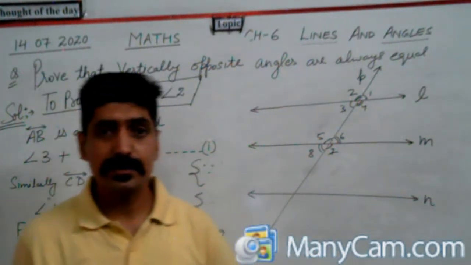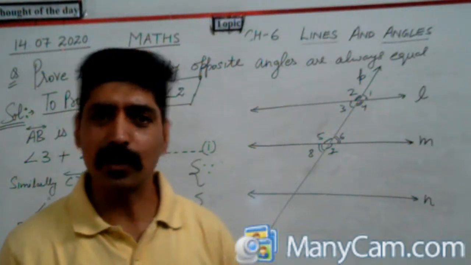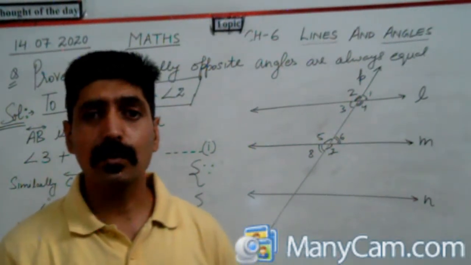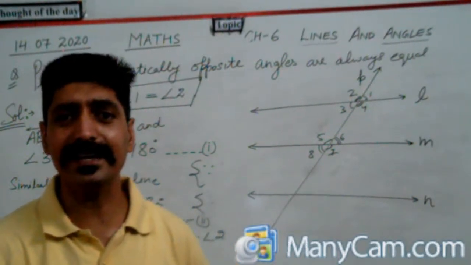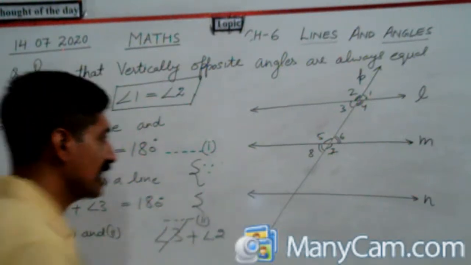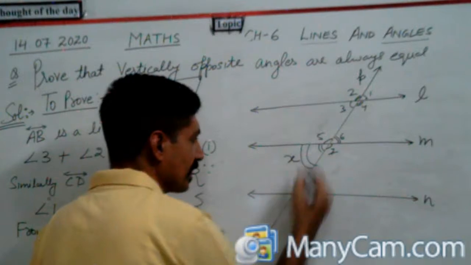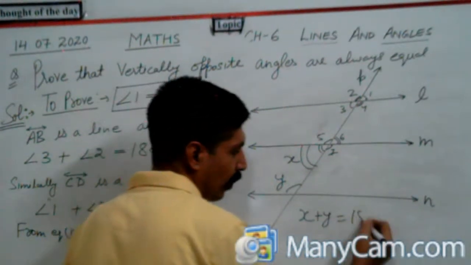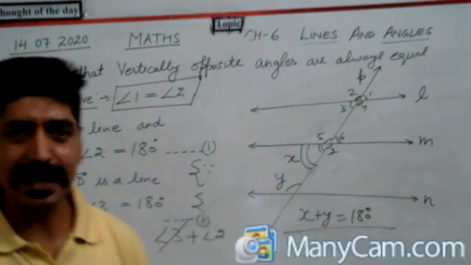Tomorrow we will discuss alternate angles, corresponding angles, and co-interior angles, which are also called allied angles. These are the angles on the same side of the transversal. If this angle is x and this angle is y, then x plus y is again 180 degrees. These angles are called allied angles.